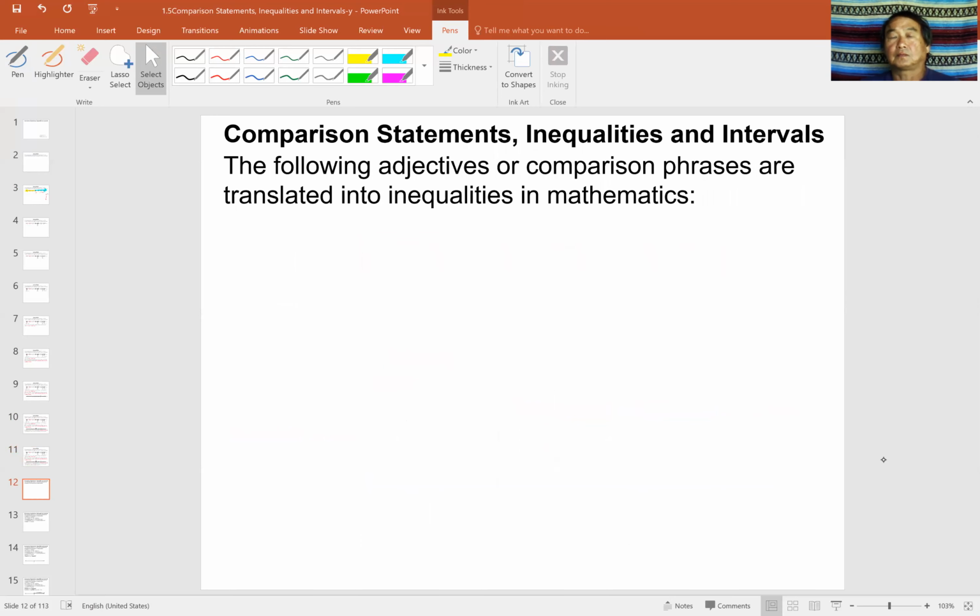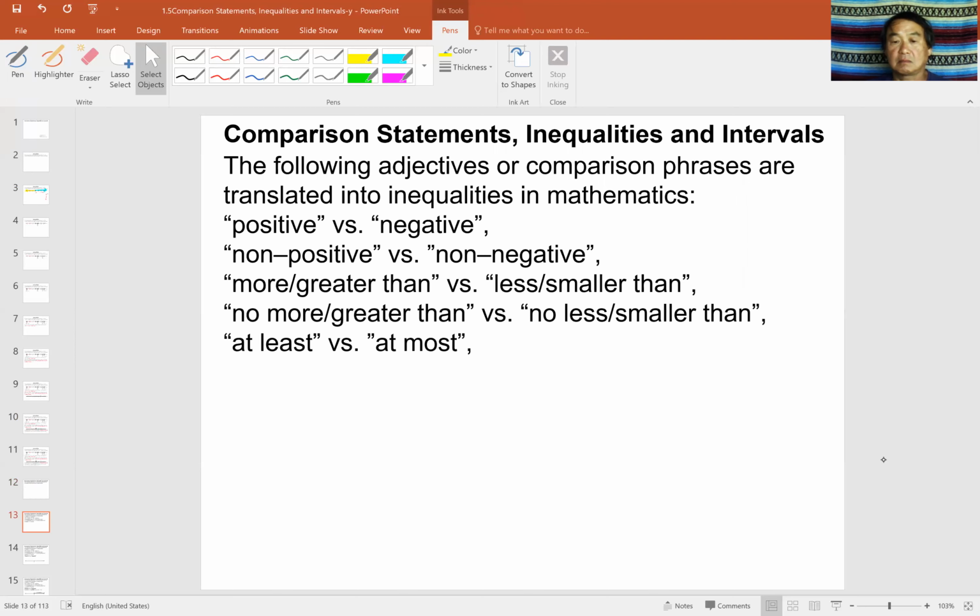Now, these inequalities translate to everyday statements. We will call them comparison statements. They use some sort of adjectives. When you translate a sentence that has these descriptions, you can translate it into inequalities.